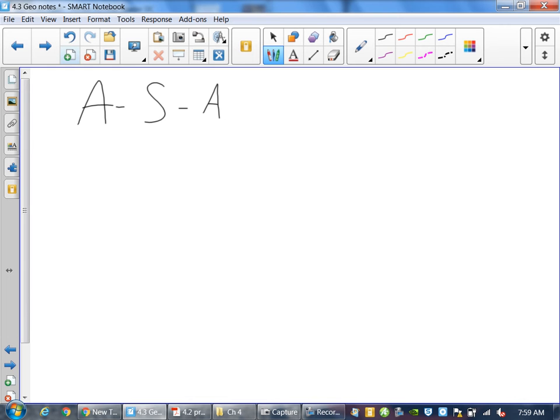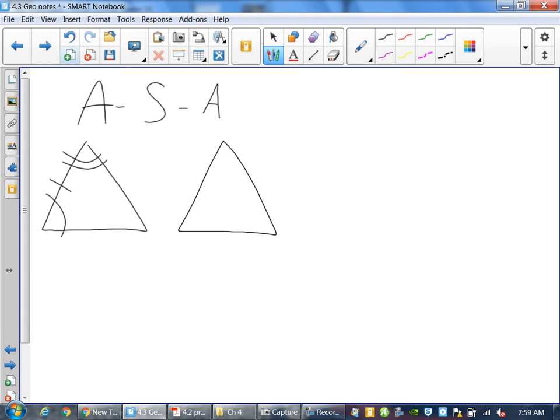So we have this: an angle, a side, and an angle. Angle, side, angle. ASA. It's convenient that these letters show what the diagram is going to look like.